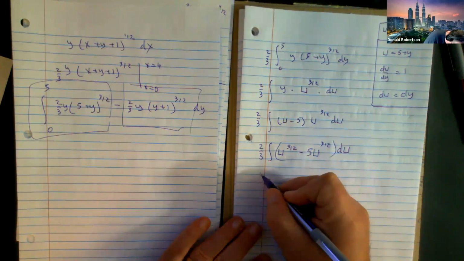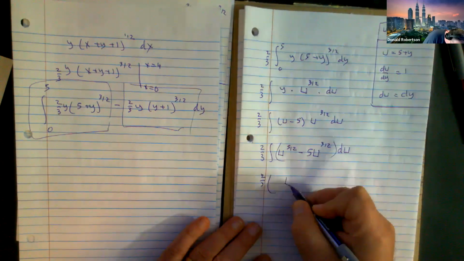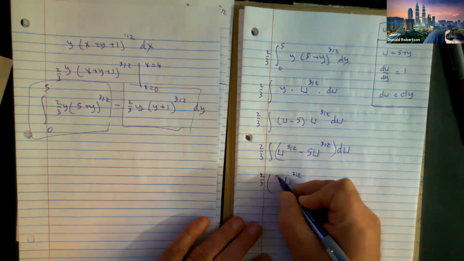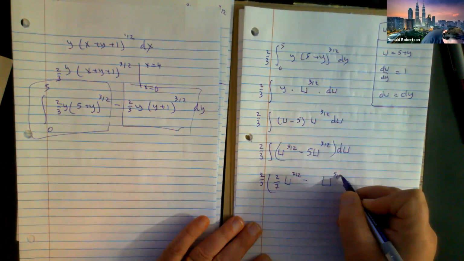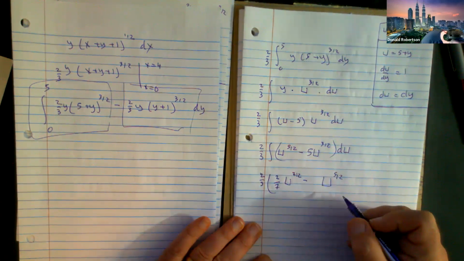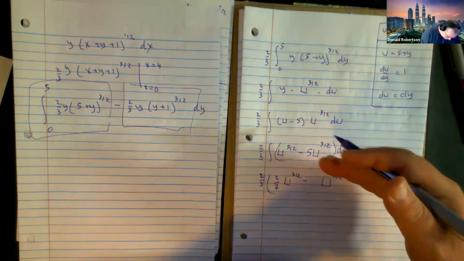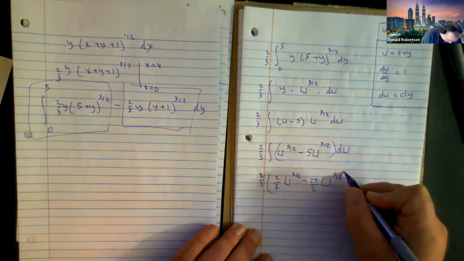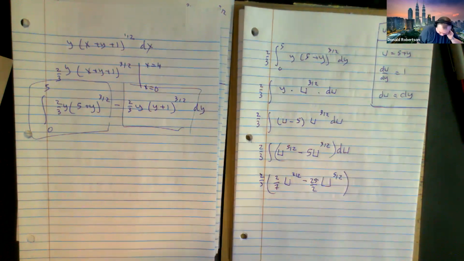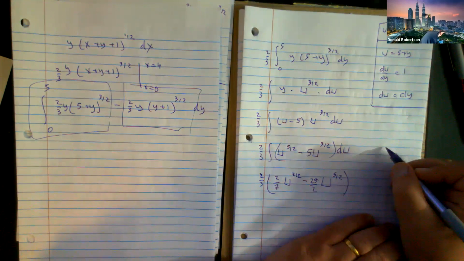Okay. It's going to be 2/3, add 1 to the power, and then divide by the new power, which is 2/5. And 2/5 is that, oh, that doesn't play well. Okay, so 25 halves. Did you get that? No. We'll check if I'm right.